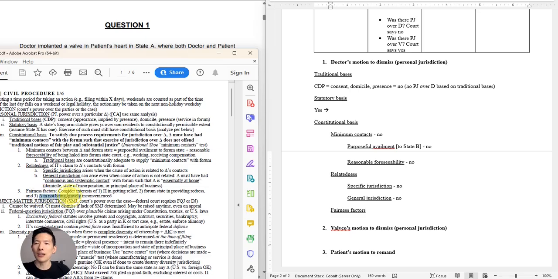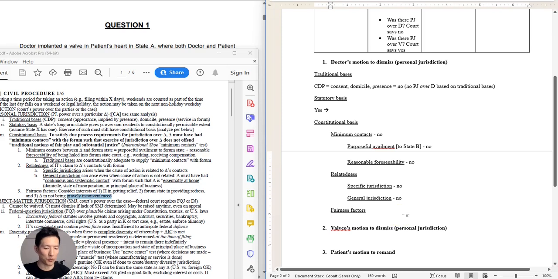The defendant, is the doctor going to be gravely inconvenienced if he or she has to go to state B? Probably not. It might be like 6 hours away if they're on opposite sides of the country. We're assuming the U.S. here, so we're not doing international travel. So the fairness factors kind of point to it being fair to have personal jurisdiction over the defendant.